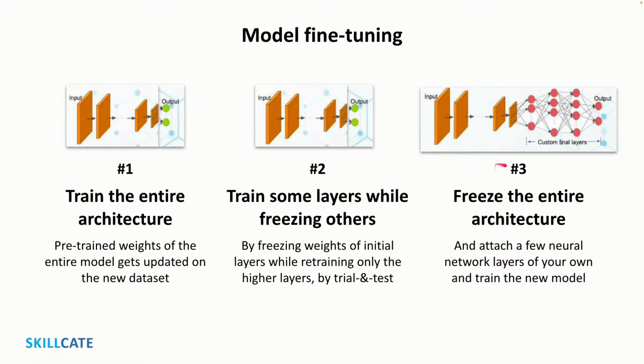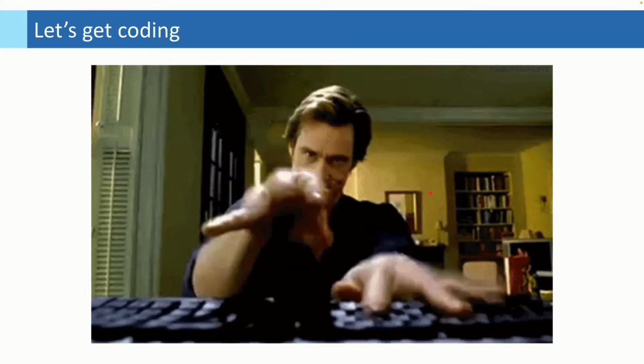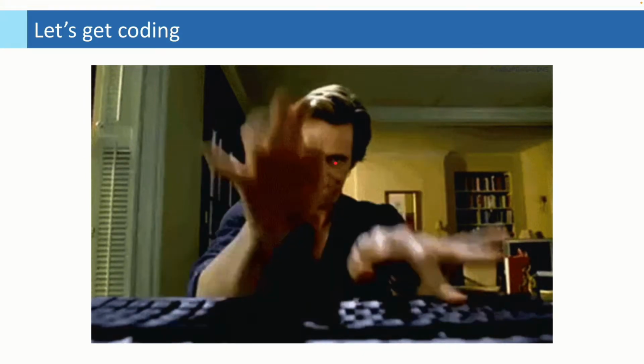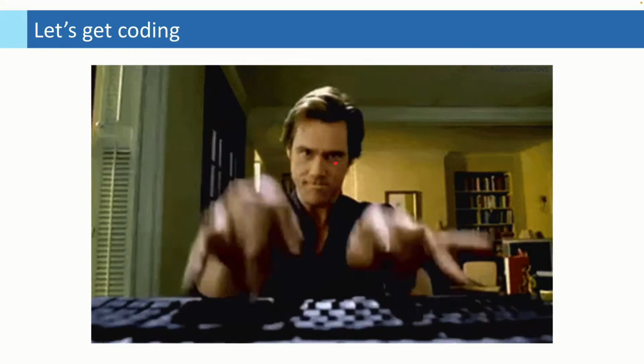And in this tutorial, we will use this third approach where we will freeze all the layers of BERT during fine-tuning and append a dense layer and a softmax layer to the architecture. We'll talk more on this when we go into the coding stage. Now let's get started with our fake news detection model building using Python.